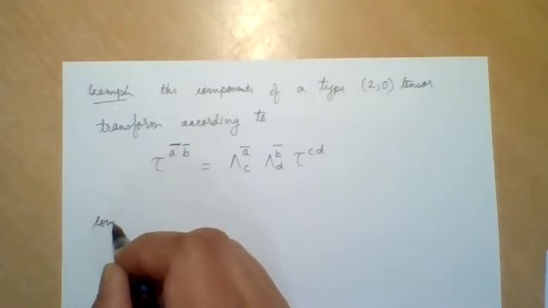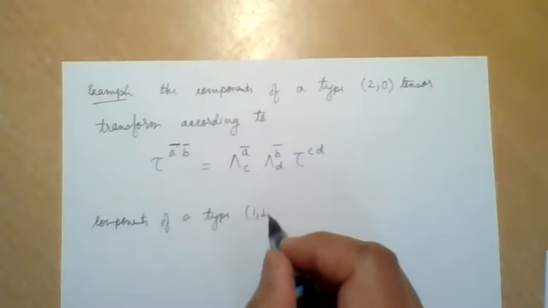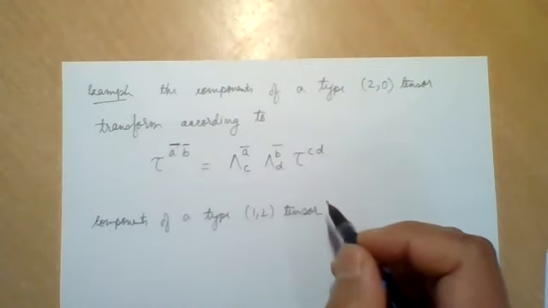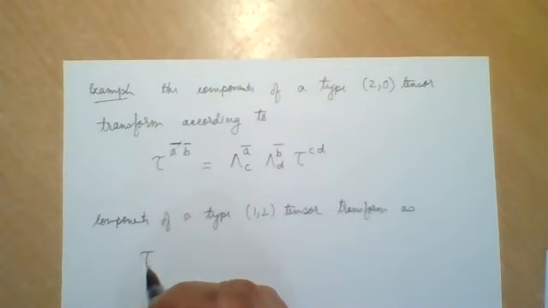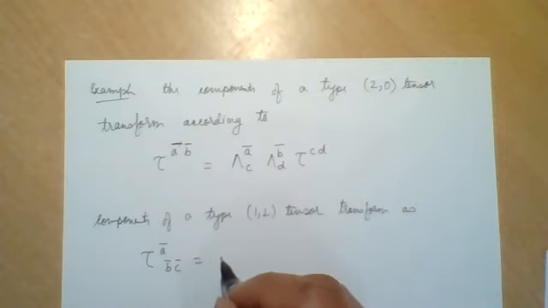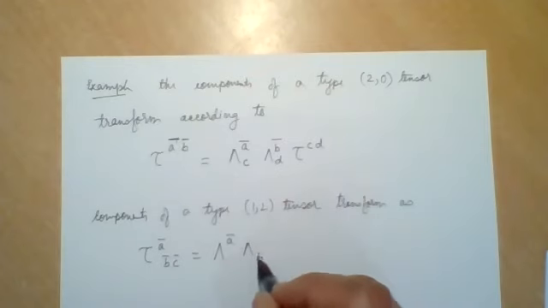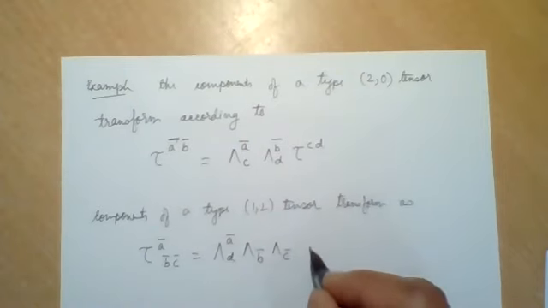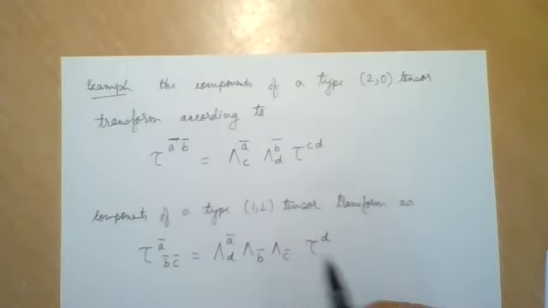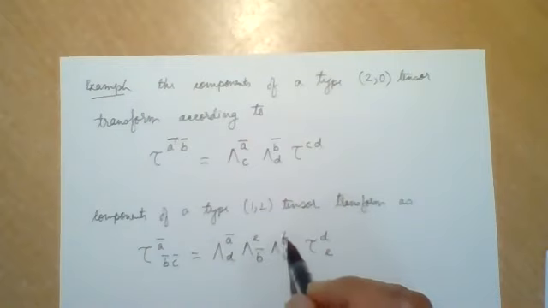Components of a type 1-2 tensor transform according to: tau a bar b bar c bar is equal to gamma a bar d, gamma b bar e, gamma c bar f, tau d e f.